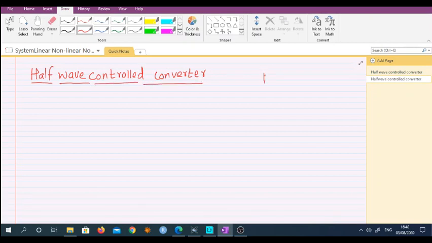So PSIM is a new software in which we can simulate all power electronics related circuits. Okay?